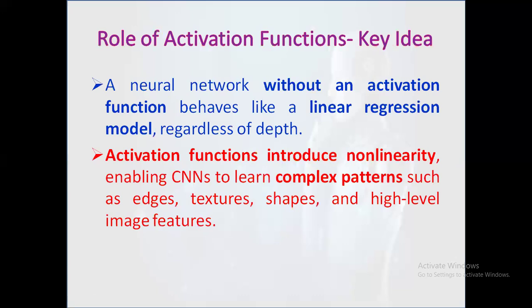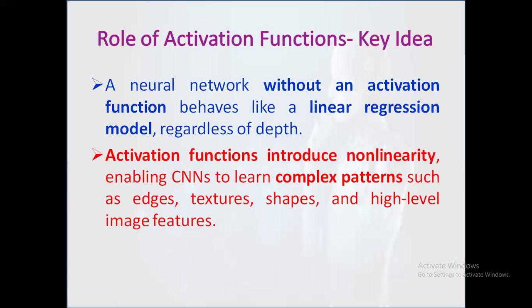The key idea behind using activation functions in convolutional neural networks, that is CNNs: without an activation function, it will behave just like a purely linear system, no matter how many layers it has.